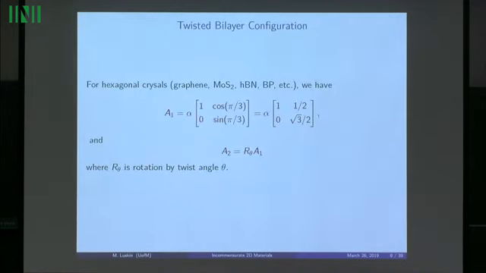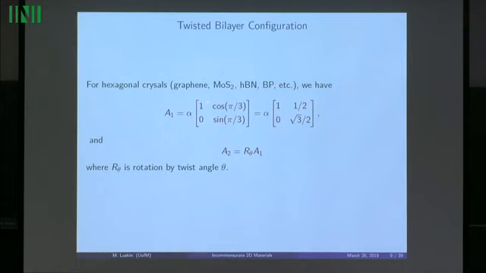Okay, now it would be useful to ask, what is this vector A1? For a hexagonal crystal, the lattice vectors can be taken to be (1, 0) and (cosine pi over 3, sine pi over 3).